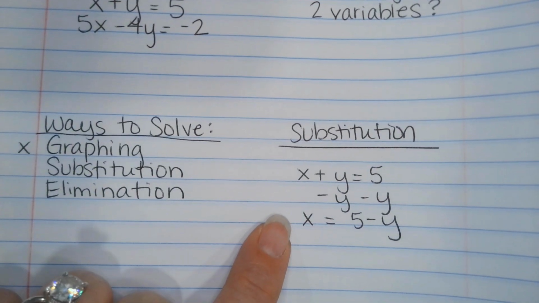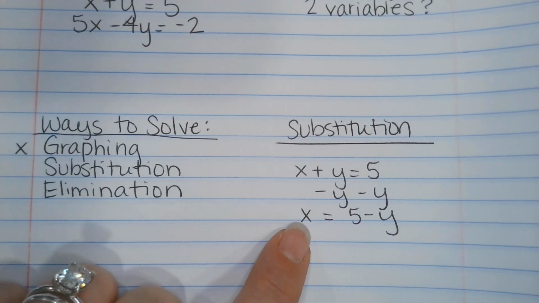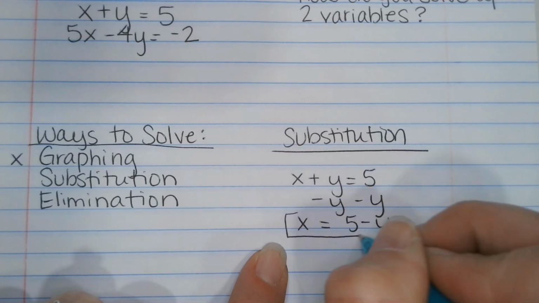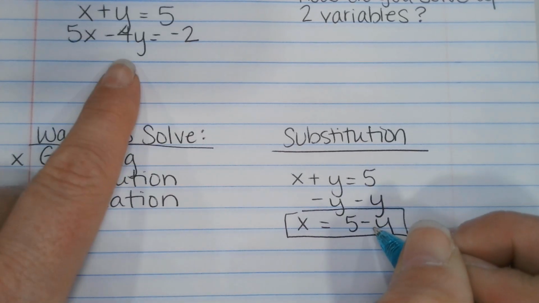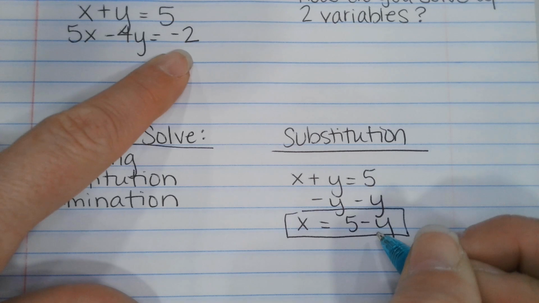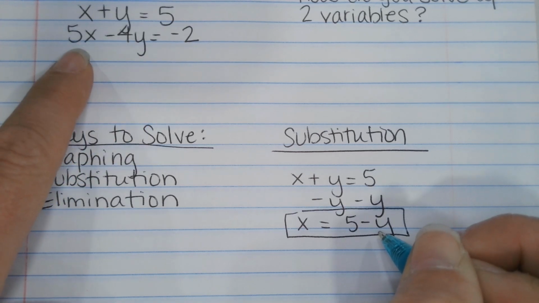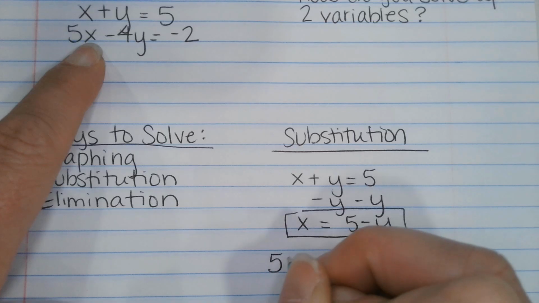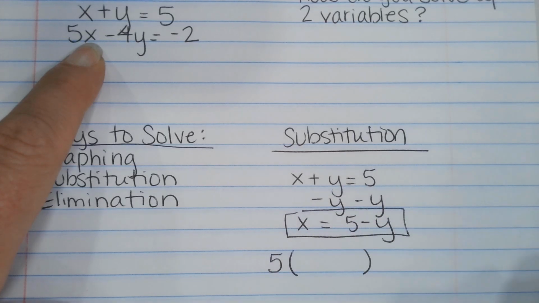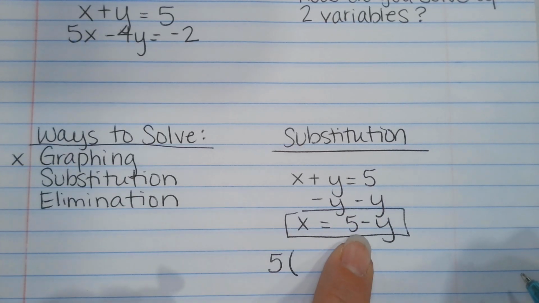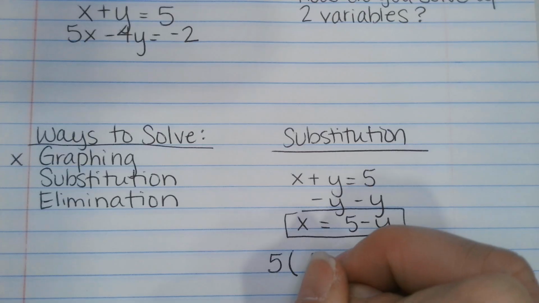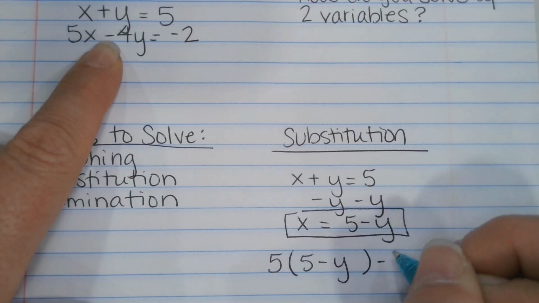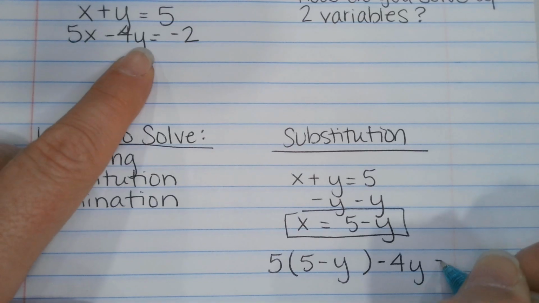So now I kind of have what x equals, and I'm going to be able to use this and substitute it in for the next equation in the place of that x. So for instance, I'm going to do 5 times, and instead of writing x, I'm going to write what I found x to be, 5 minus y. And then I'm going to keep my equation going, minus 4y equals negative 2.